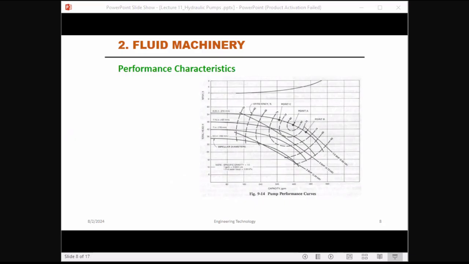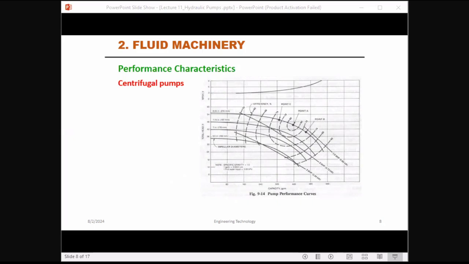Using this performance characteristic curve, you can identify total head. Here, total head versus capacity. The horizontal axis is Q, capacity.